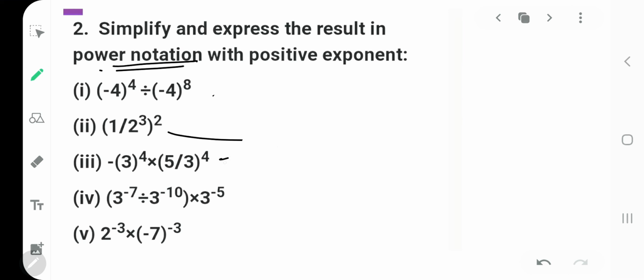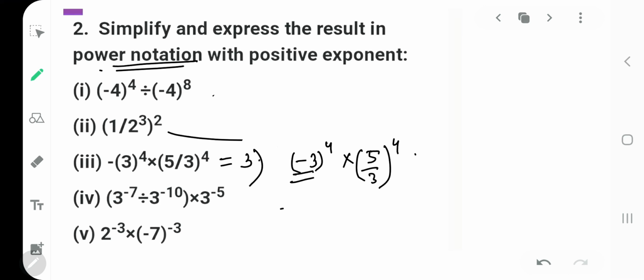We have our third, which says minus 3 raised to 4 into 5 upon 3 raised to 4. Now my dear kids, let's see how we can do this. Minus 3 raised to 4. Now what you will do here, if you want, you can put it like minus 1 into 3 raised to 4 into 5 upon 3 raised to 4. Now what do you mean by this 4?